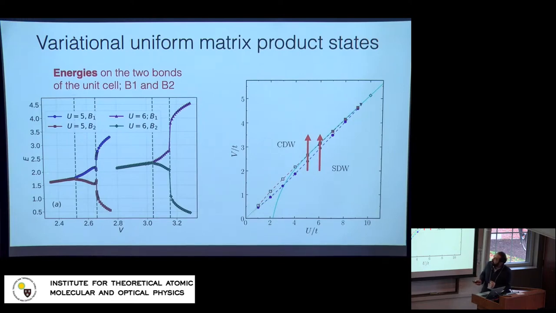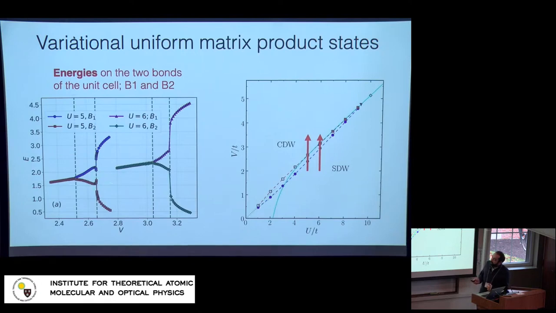In the SDW, you don't have any breaking of the translational symmetry, so these 2 are perfectly equal to each other. As soon as you enter this BOW phase, these start to deviate from each other, which makes sense because that's basically the order parameter for that state. And then there is also a growing difference as you go to the CDW phase.